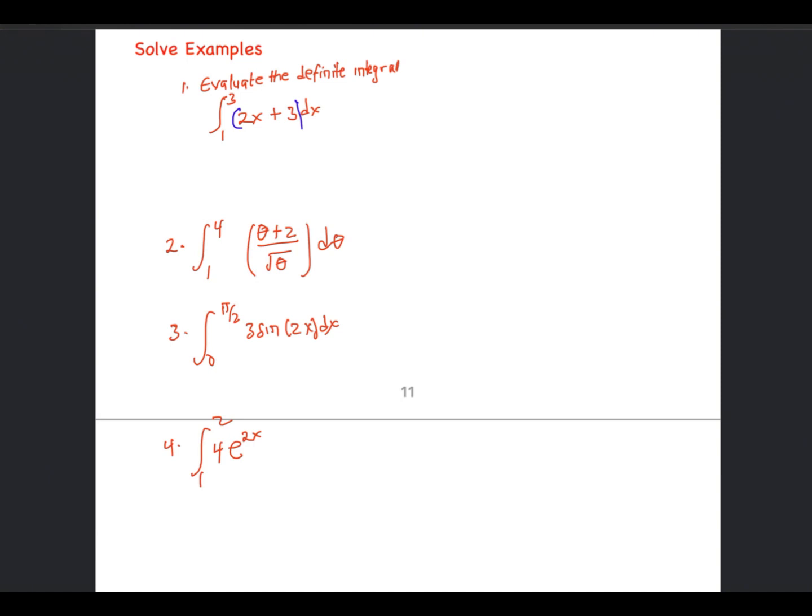This is my function here, 2x plus 3. So we assume that y equals 2x plus 3. At the y-axis, x equals 0, therefore y equals 3. And at the x-axis, y equals 0, therefore x equals negative 3 over 2.